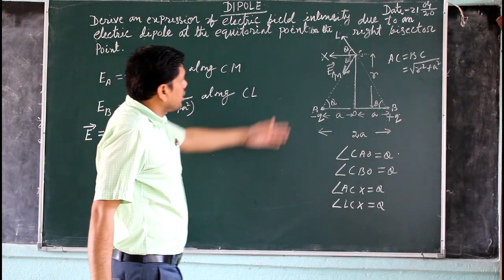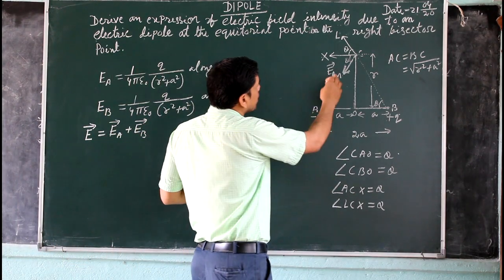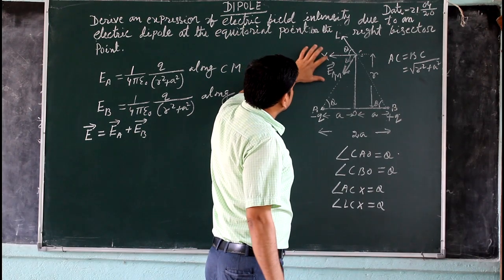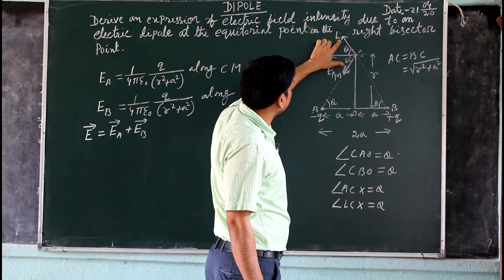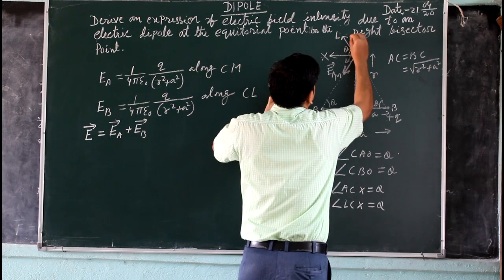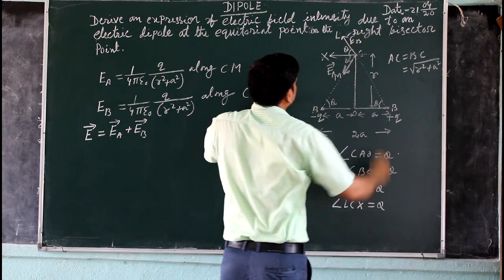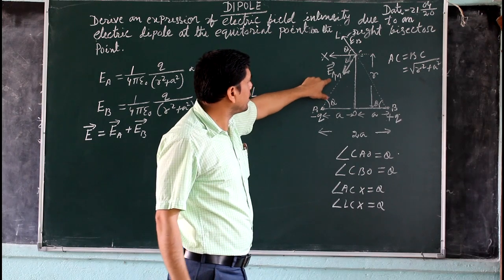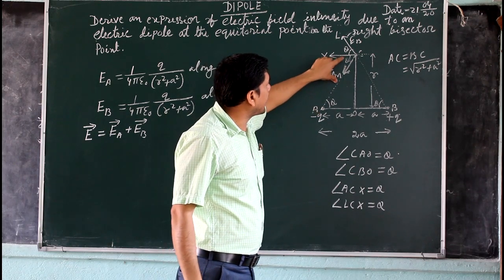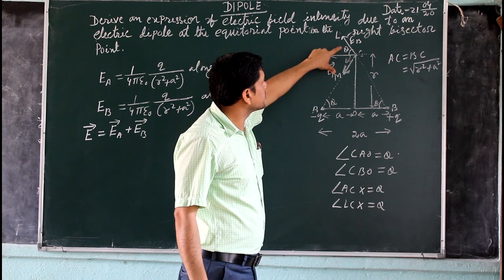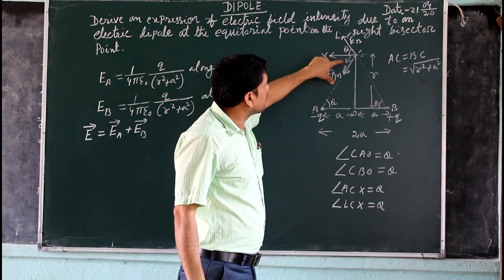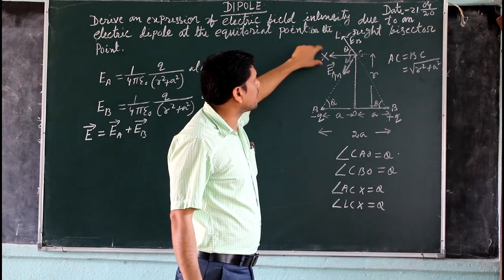Now, in this figure we have seen that one electric field, EB, acts along this direction, and another electric field, EA, acts along this direction, and the angle between these two electric fields is theta plus theta, so 2 theta.